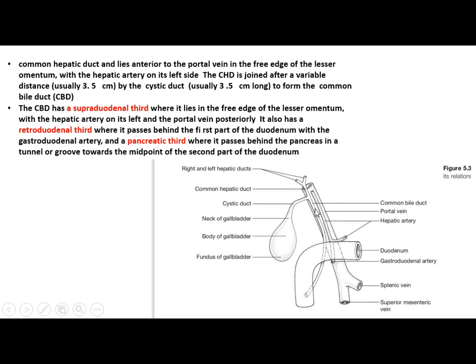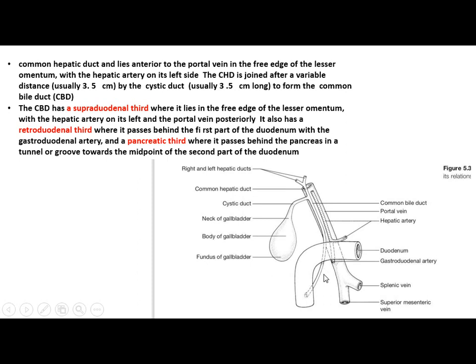The supraduodenal part runs anterior to the portal vein, with the hepatic artery on the left side, and runs in the lesser omentum edge. The retroduodenal part grooves the posterior first part of the duodenum, with the gastroduodenal artery here.